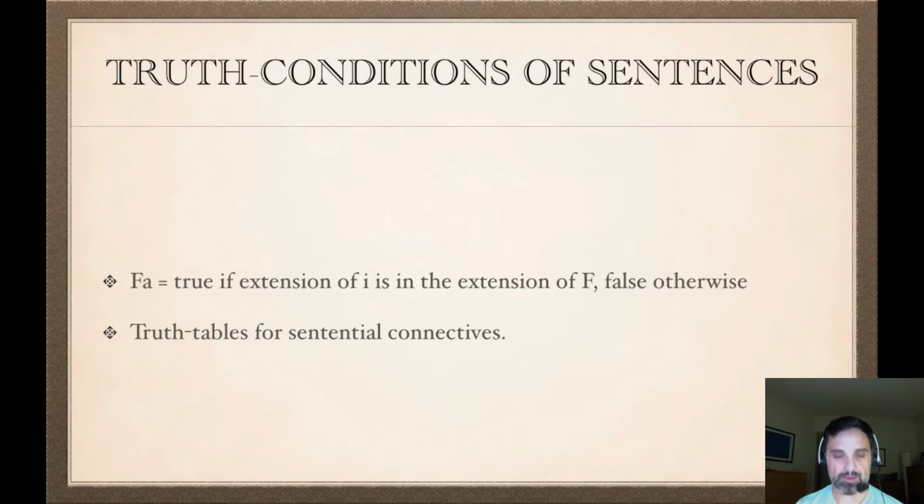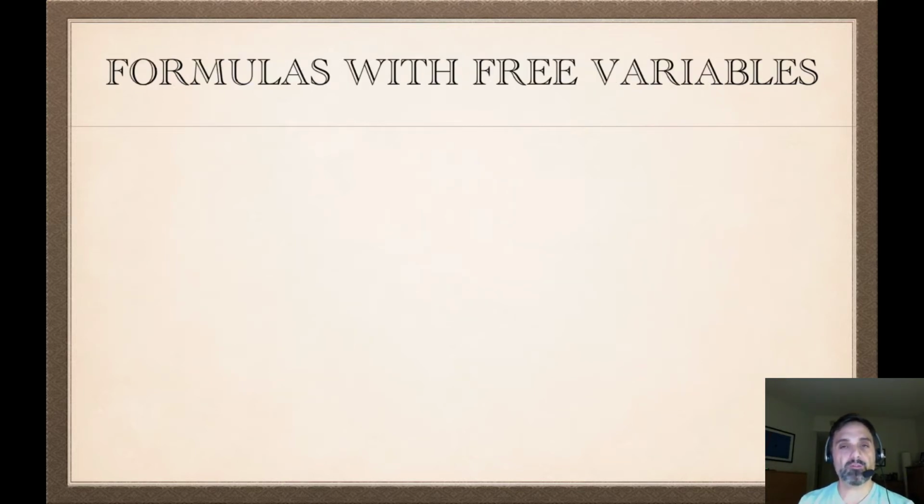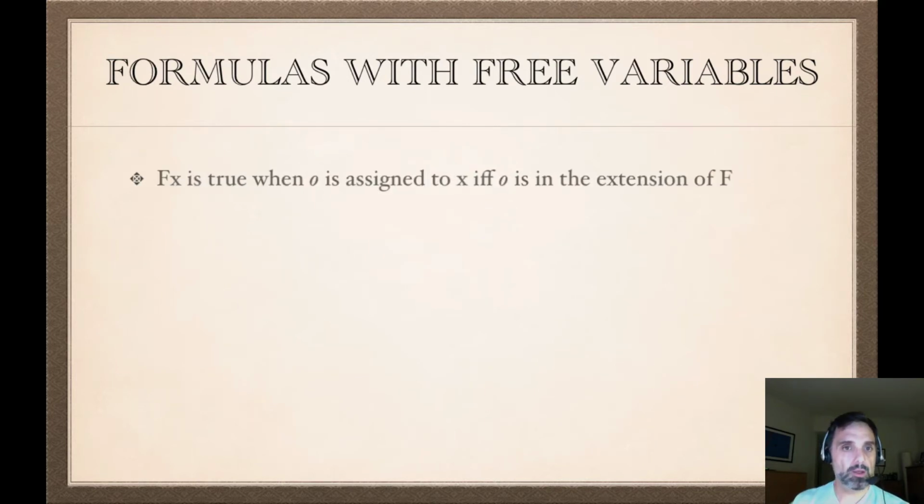Okay, so we've talked about the truth conditions of atomic sentences and sentence letters, and that we use the truth tables when they're relevant. What about formulas with free variables? I haven't talked about those yet. So Fx is true.